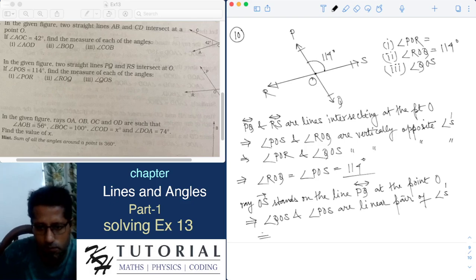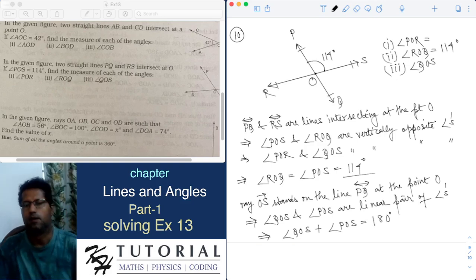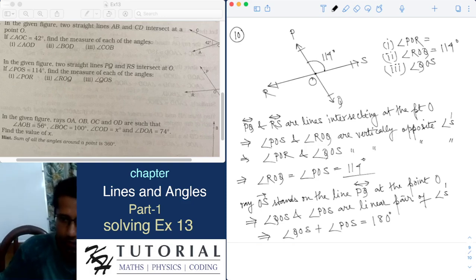So this implies angle QOS plus angle POS should be equal to 180 degrees, because we know that the sum of two linear pair of angles is always 180 degrees.